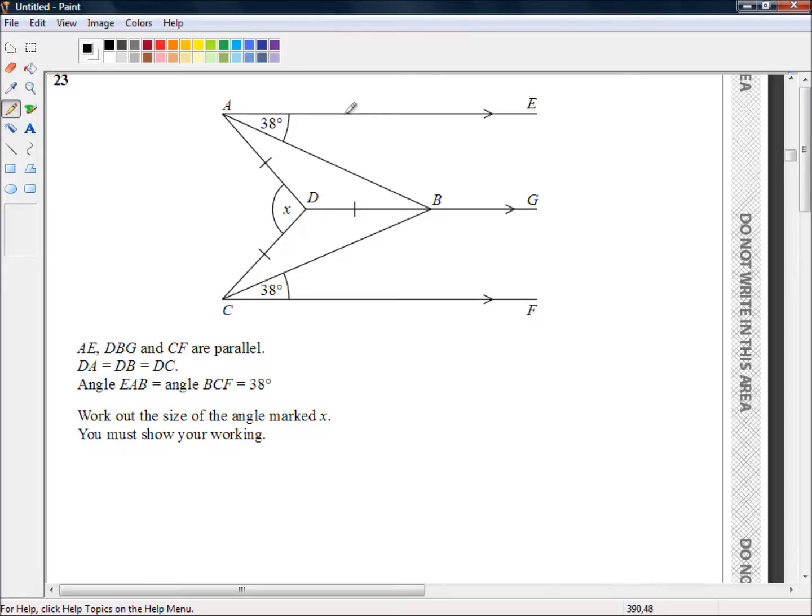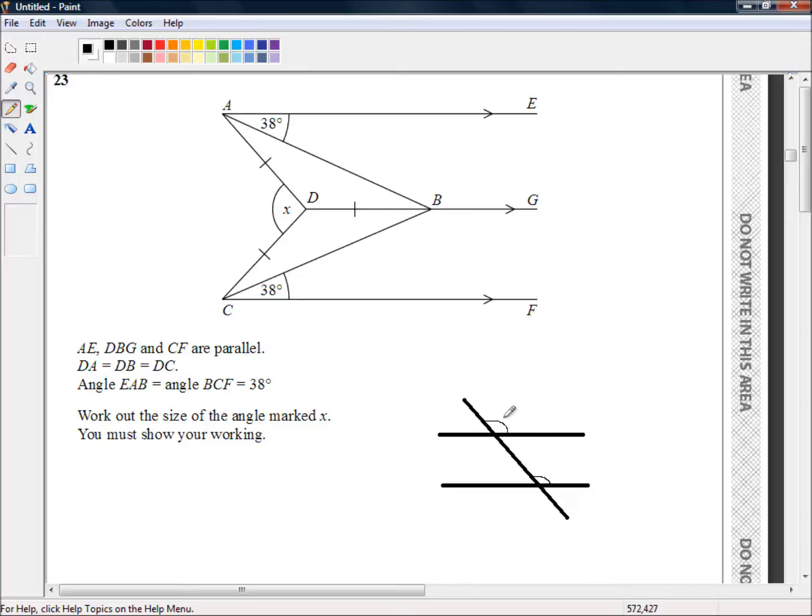Okay, so this is our parallel lines. Now the things to note about parallel lines, let's just quickly do a diagram here. If you've got two parallel lines and another straight line intersects them, then one thing to note is that the angle this line makes with this line must be the same as the angle this line makes with the other line, because these lines are parallel.